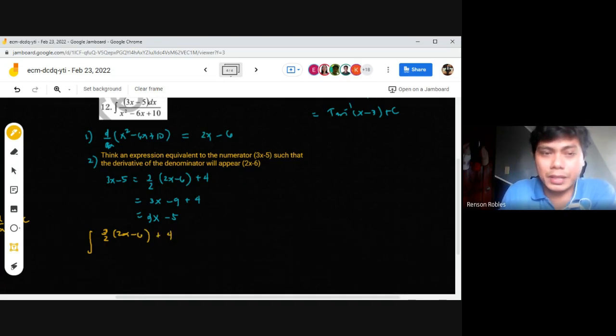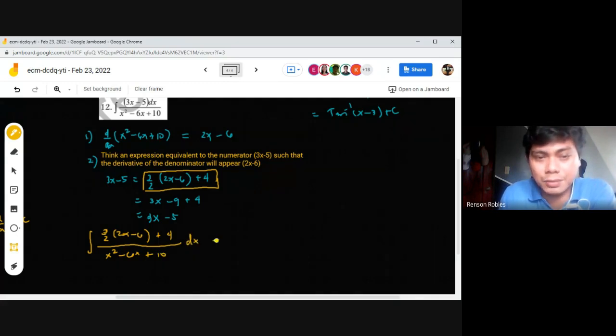That is what I substitute. So that's 3 halves times 2x minus 6 plus 4, all over, we just copy everything, x squared minus 6x plus 10.